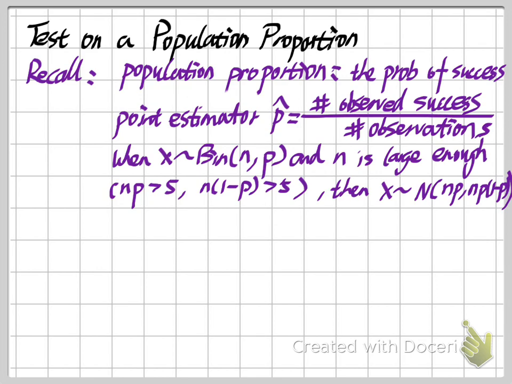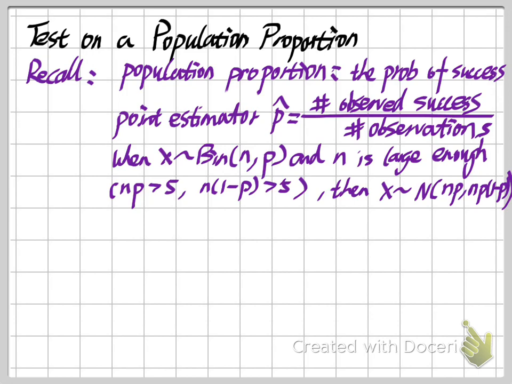The basic idea is that when n is large enough, we can use the central limit theorem to get this. Now what we want to do in this video is introduce a hypothesis test about our population proportion.